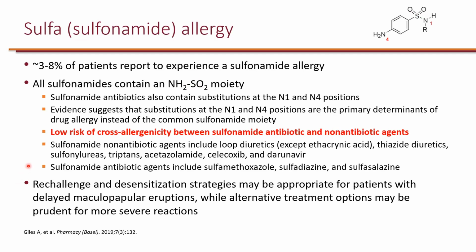And then sulfonamide antibiotics also contain additional substitutions at N1 and N4 positions. And the evidence currently suggests that these substitutions at N1 and N4 are the primary determinants of drug allergy instead of the common sulfonamide moiety.